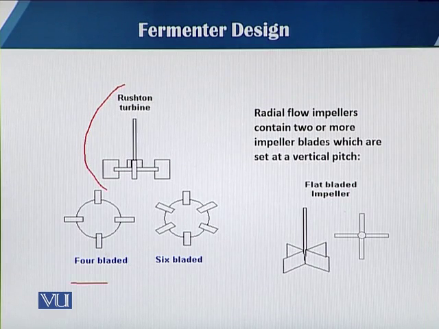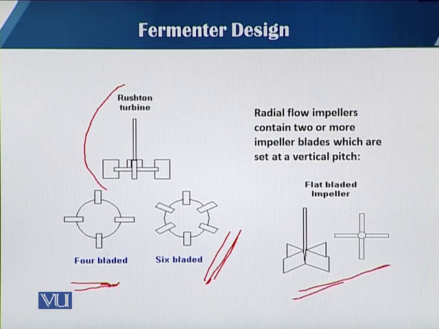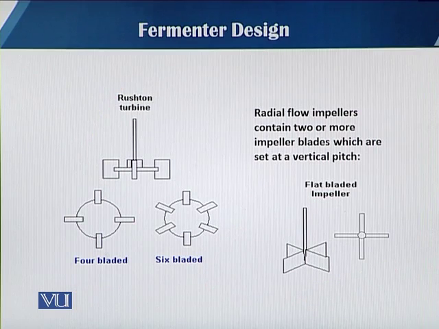Here these are the 4 blade and this is the 6 blade, and this one has flat-bladed impellers. These are different types of radial flow impellers, with their shapes and blades. Impellers are basically associated with blades. Sometimes there are 4 blades, sometimes 6 blades, so the number of blades is also part of the impeller system.